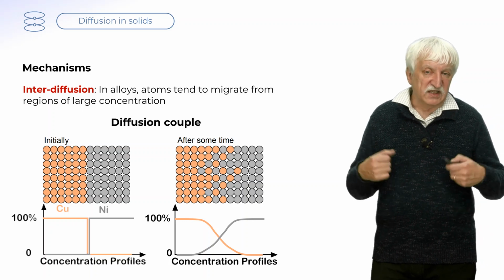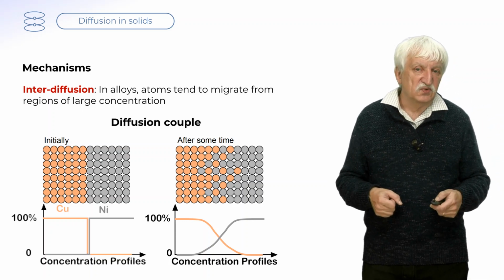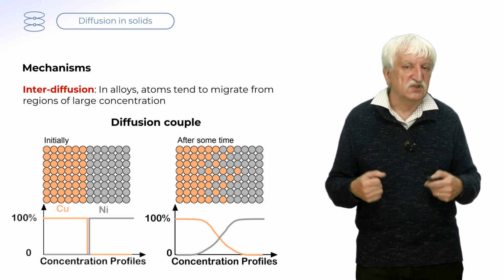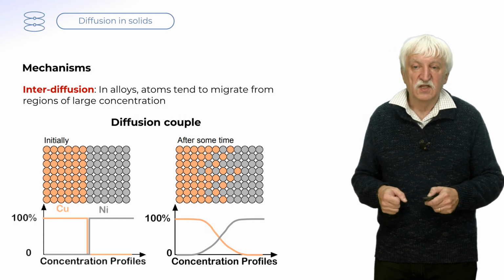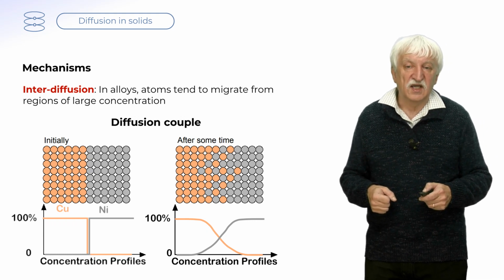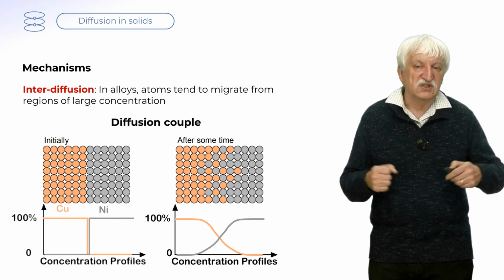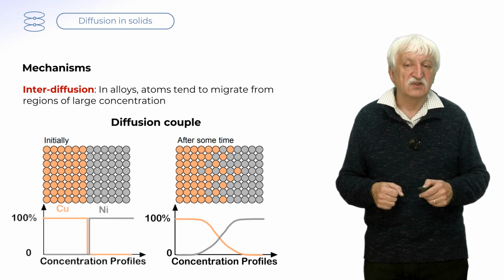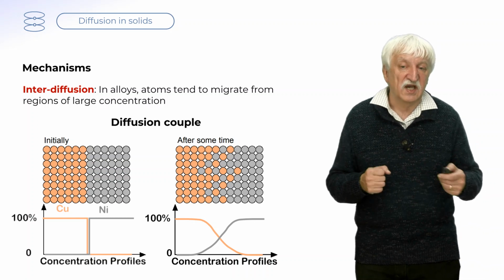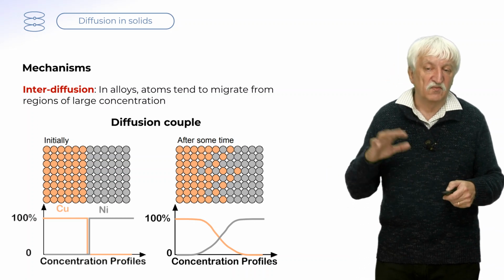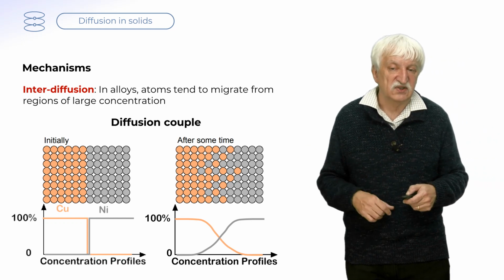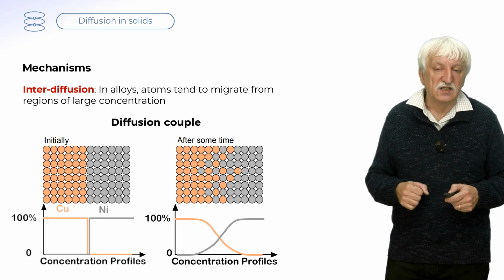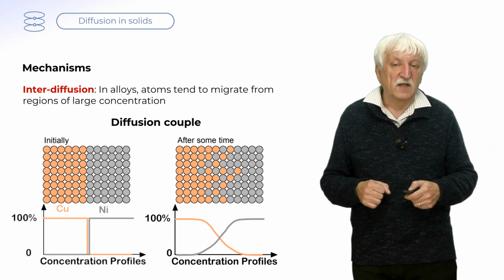And now about mechanisms of diffusion in solids. First of all, there is interdiffusion. So atoms can migrate from one region to another region. Consider a diffusion couple, consisting of copper on the left-hand side and nickel on the right-hand side.